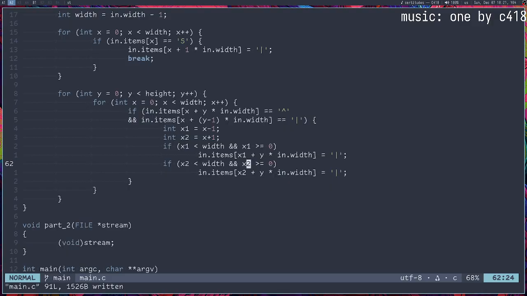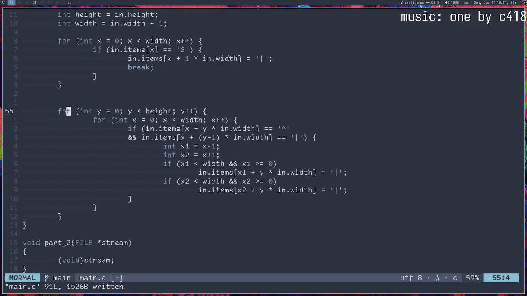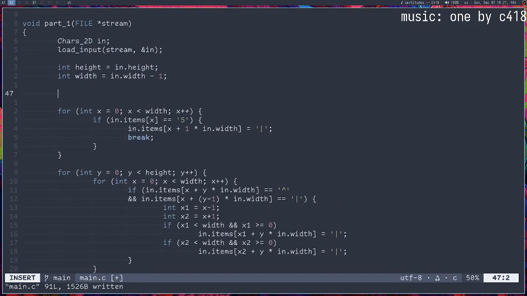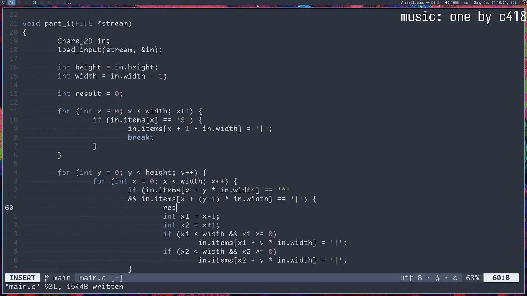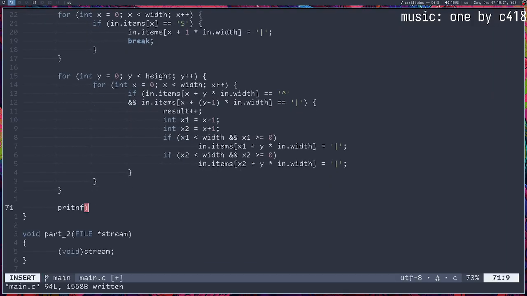So I don't think we need to do anything else except we need to have some kind of result. Let's put it in here. Int result equals 0 and increment result every time a split happens. And then at the end we gotta print the result as an integer.